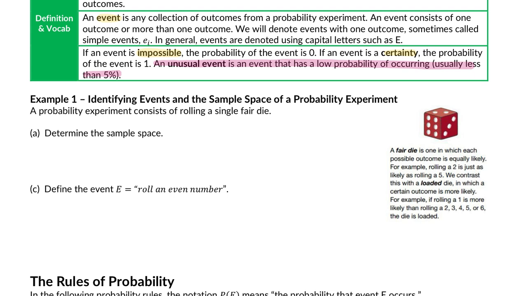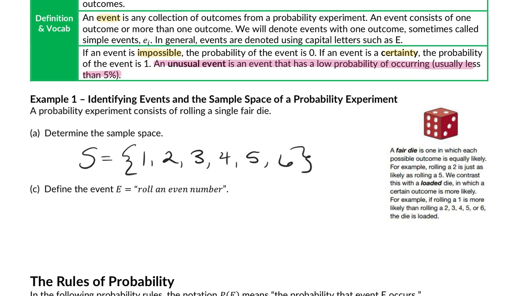So we're rolling a fair die. If we determine the sample space, I gave this one away earlier, the sample space will be written as big S equal to the set of, so we use the squiggly brackets, please make them look nice. Inside the squiggly brackets are going to be all of the options that I can roll when I roll this dice. And since there are 6 sides on this dice, my sample space is the numbers 1 through 6.